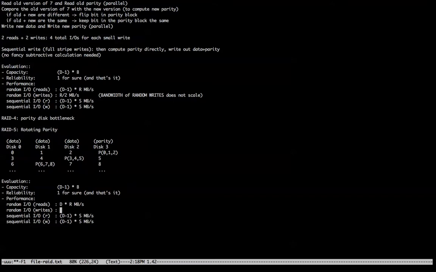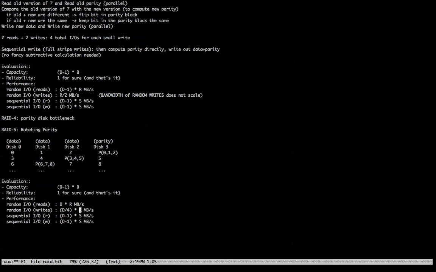But the biggest change is to random writes, because random writes now can happen in parallel. Let's say we're writing to 0 and 4 again. You can see 0 has to access disk 3 because we have to read and write this parity, and the update to 4 is going to have to read and write parity on disk 2. So even though each I/O still causes 4 physical I/Os, which means we're going to have a D over 4 kind of scaling rule for the bandwidth, we're going to scale with the number of disks, which is critically important.